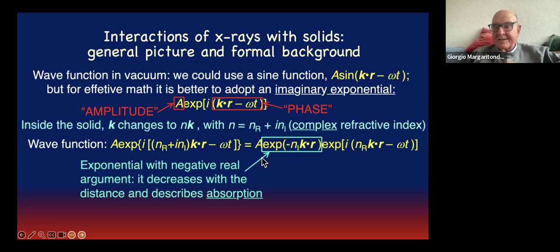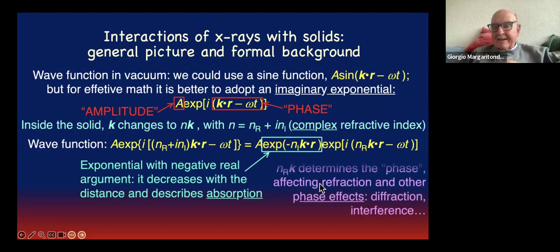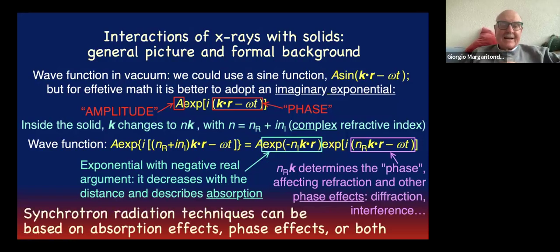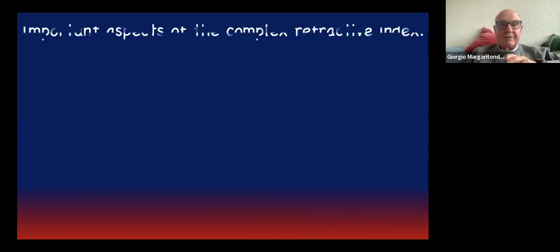And so this is very simply absorption. And now we are taking the other part, and we can see here that the real part of the refractive index is determining the phase, and therefore is giving you what we have been calling the phase effects. Now, in the techniques of synchrotron radiation, the phenomena can be absorption or phase effects, or actually a combination of them. And we shall see now some of the most important examples.